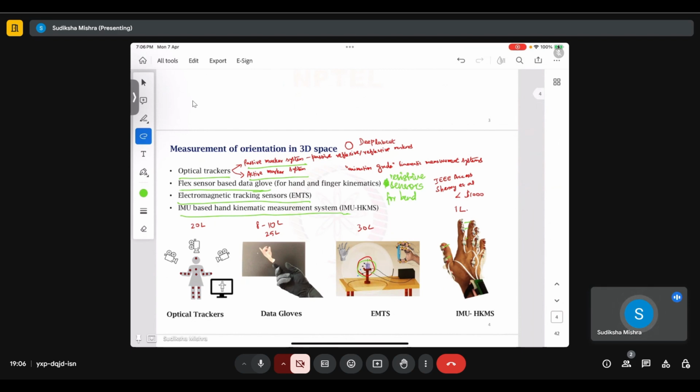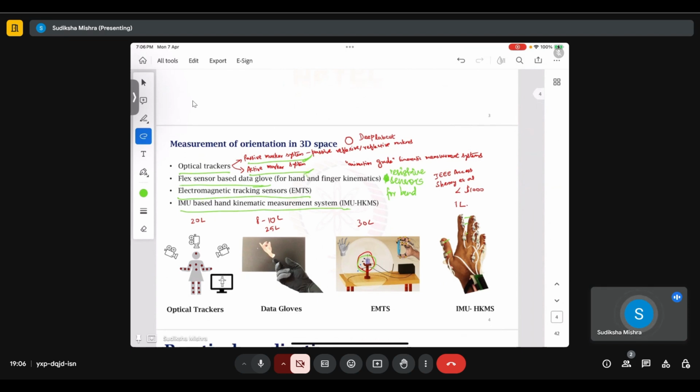These optical trackers come in two forms, either as passive marker systems or as active marker systems. Passive marker systems usually have a reflective coating, so when bright light is shined on them, there is a reflection, and this is what the cameras capture.